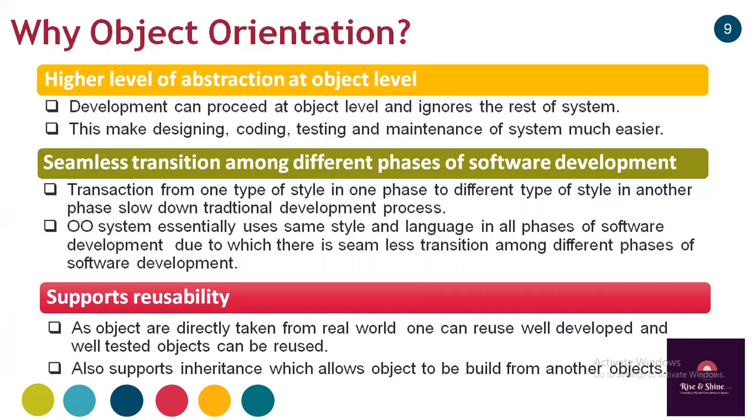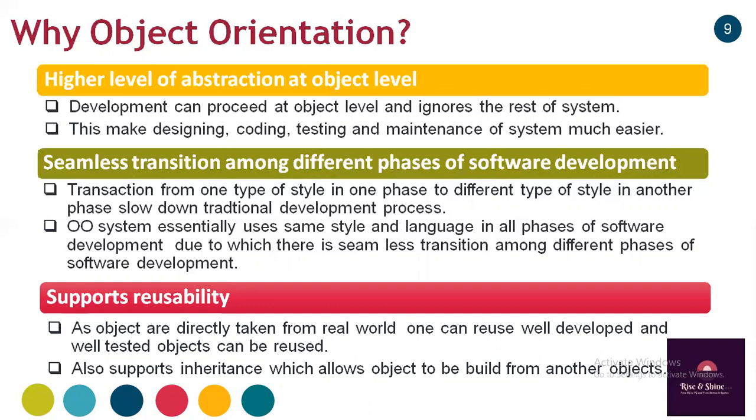Once you have designed the registration module, you can use it for library registration, mail registration, college registration or event registration with some minor changes, or you can use it directly. It also supports inheritance, which also promotes reusability, allowing classes to be built from other classes.